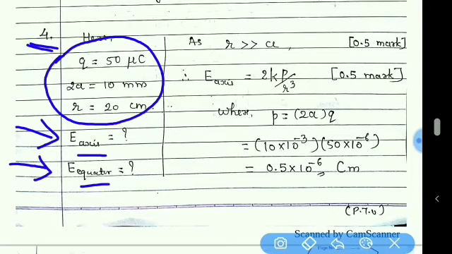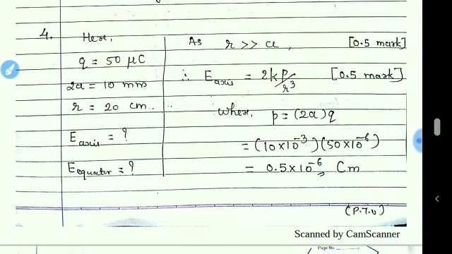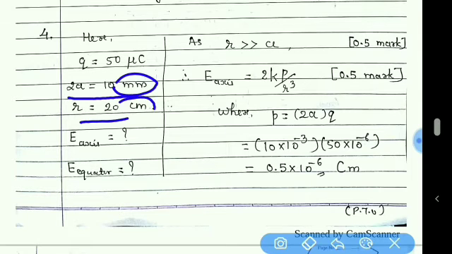So you can see here the value of R and value of twice of A. This is in mm and this is in centimeter. So one condition is there that R is very greater than A.